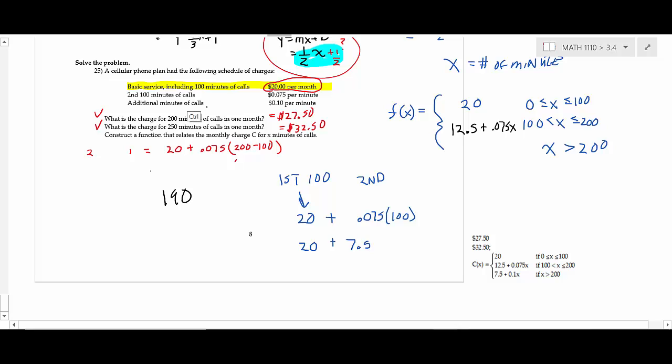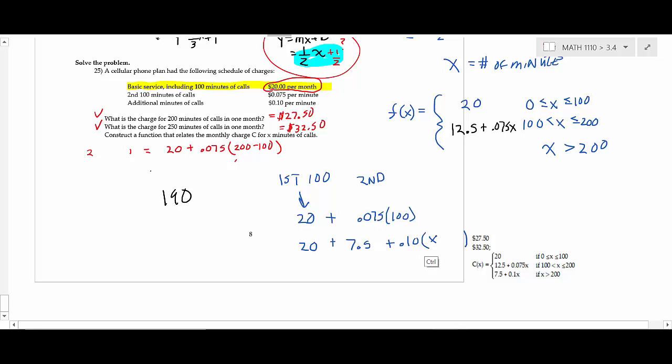But then we got one more thing we got to consider, which is what's going to happen once you get past the 200. Once you get past that 200, it's going to be 10 cents for everything that's past 200.